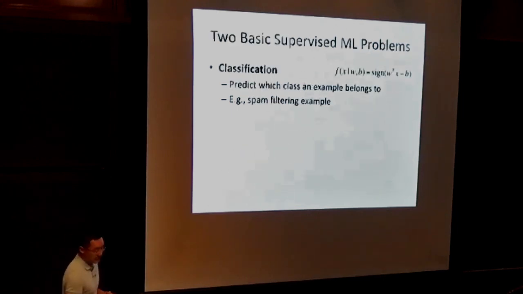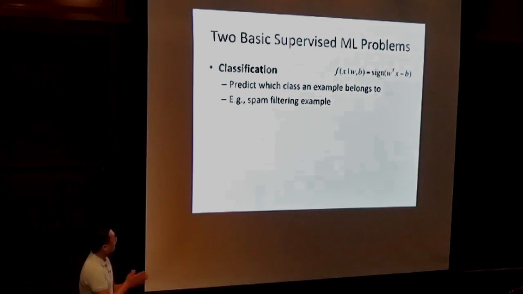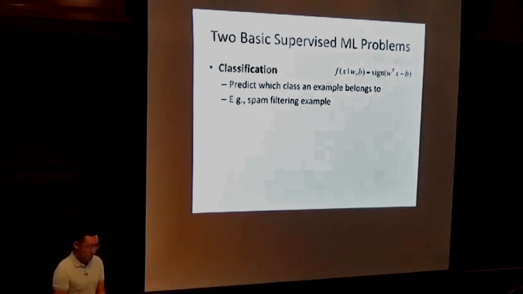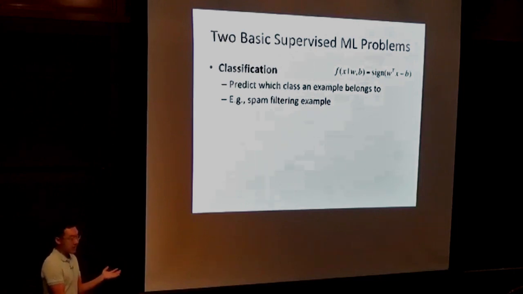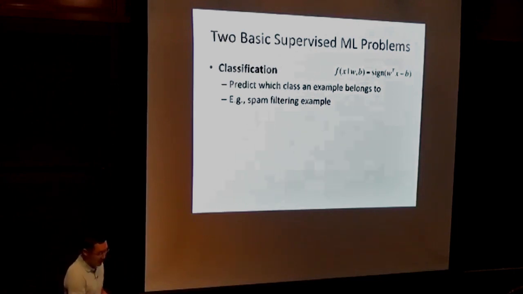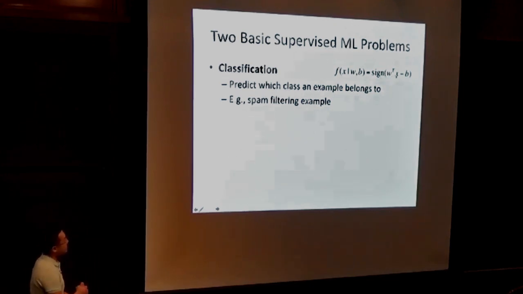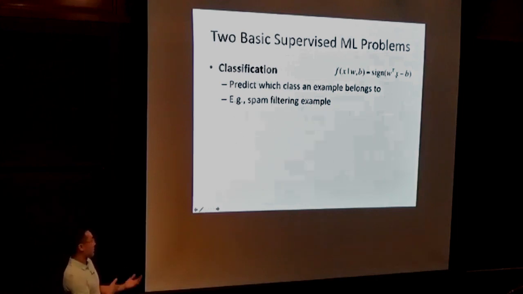And so there are two basic supervised learning paradigms. The first one is classification, as we've just seen, where in the simplest case, it's binary classification, although we can go into multi-class as well. And in binary classification, for a linear model, you do a weighted sum of the attributes of the feature vectors. And then you see if it's above or below a threshold.